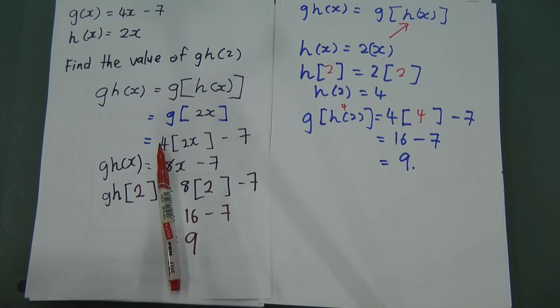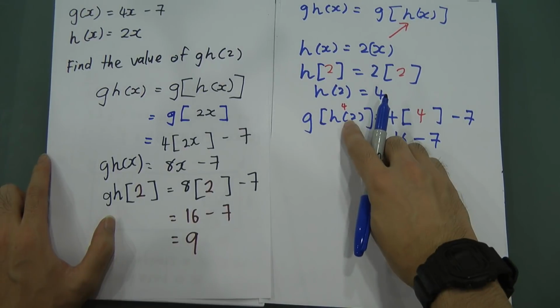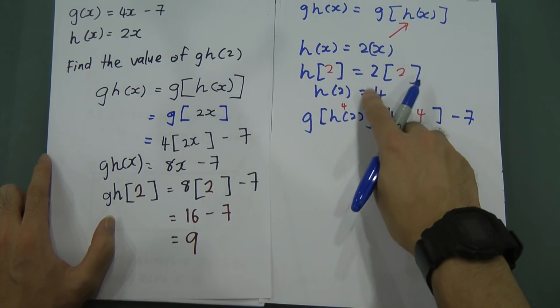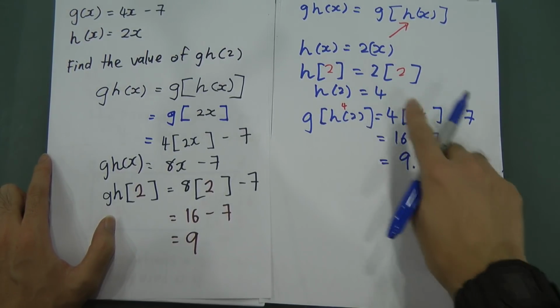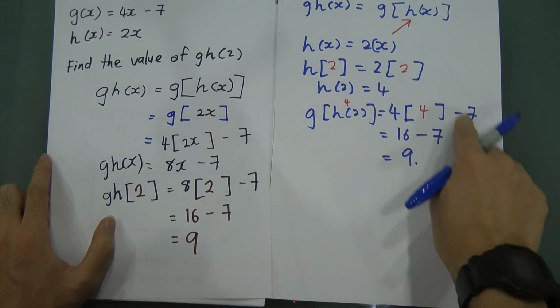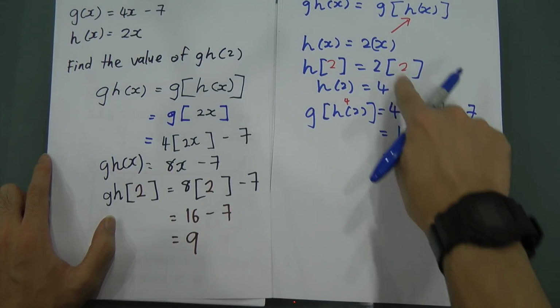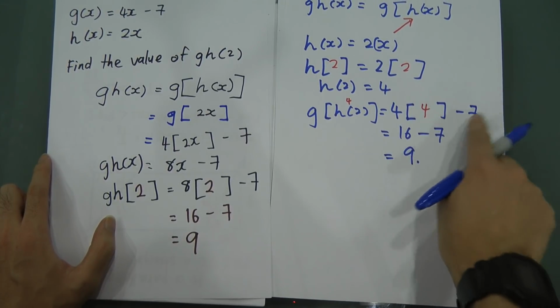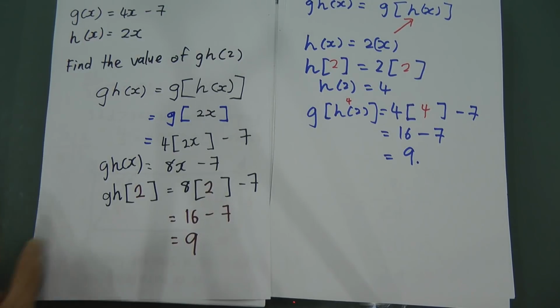See? If you understand this one, this method will be very fast. I substitute 4 into it, which means all the x now will become 4.